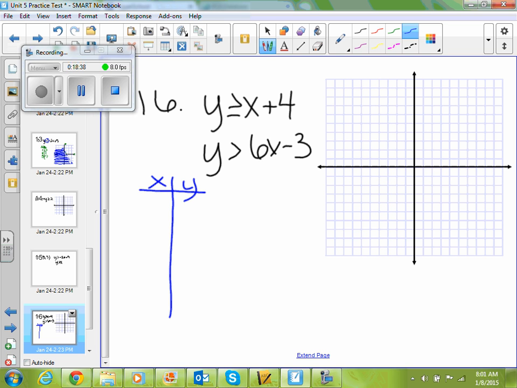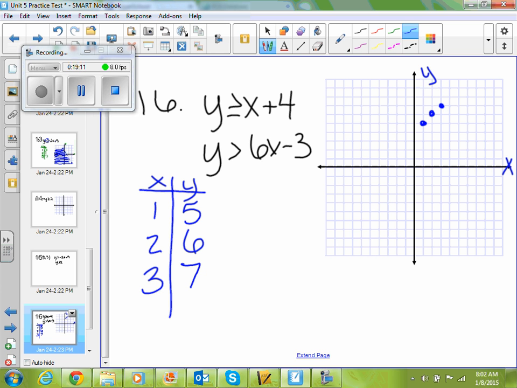If I use x's of 1, 2, and 3 in my first equation, 1 plus 4 is 5, 2 plus 4 is 6, and 3 plus 4 is 7. So for my first graph, I'm going to go over 1, up 5, over 2, up 6, over 3, up 7.